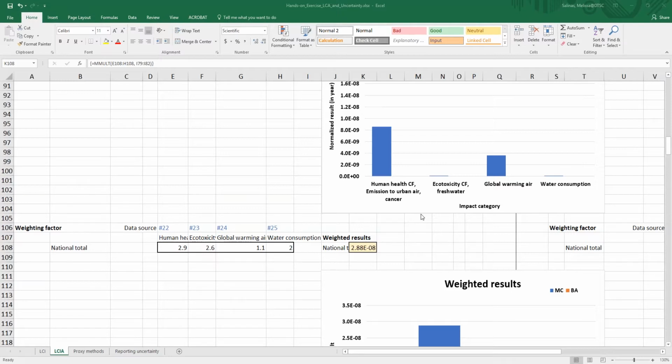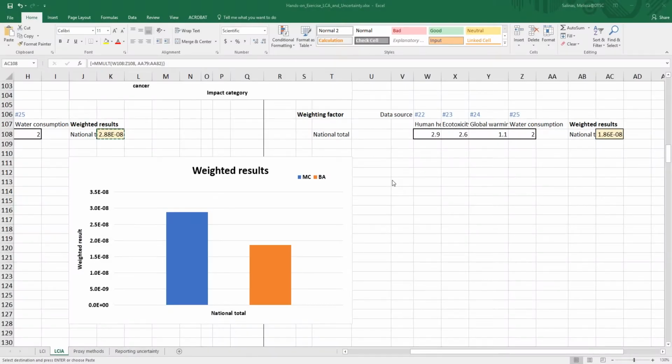And probably you need to copy and paste again. Yeah, 0.83. Here is the result. So this is the weighted result, and probably you got the same numbers. Let me ask you a question. Can you say whether benzyl alcohol is better for the environment throughout the life cycle as compared to methylene chloride based on this result?